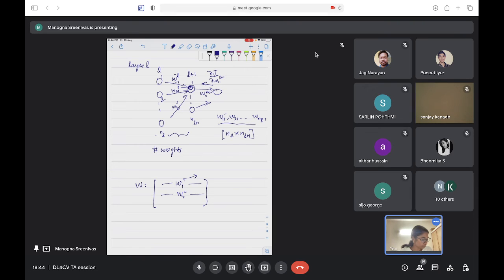So let this be of dimension 1 cross N_L. So these are the neurons, these are the weights that will take me from my input to my first.